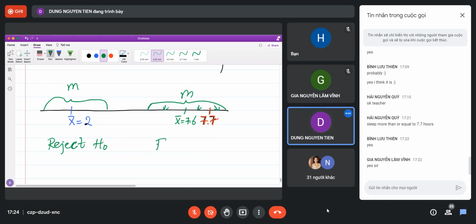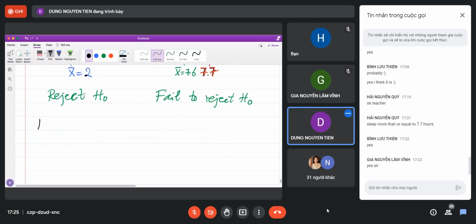And then you fail to reject H0. So you don't know if H0 is true or false. It could be true, it could be false, with big chance, so you cannot make any further conclusion. Do you understand? May I move on? Everybody? That's all clear? Okay.